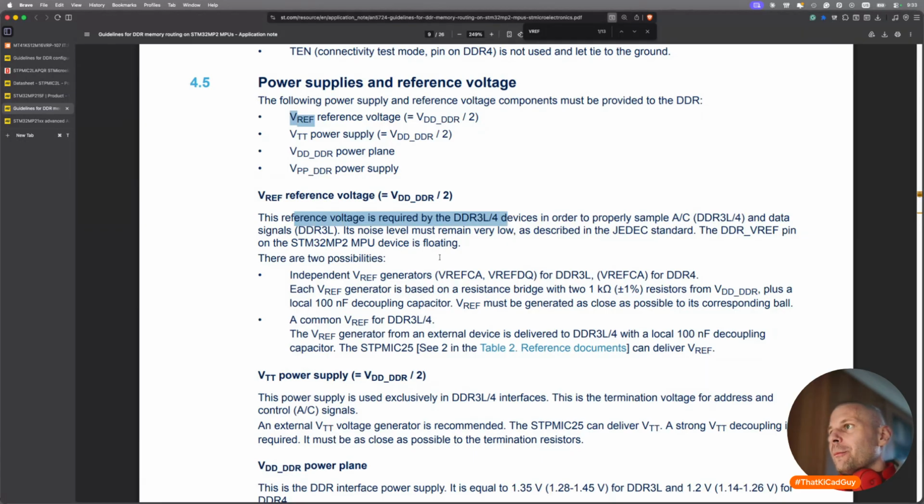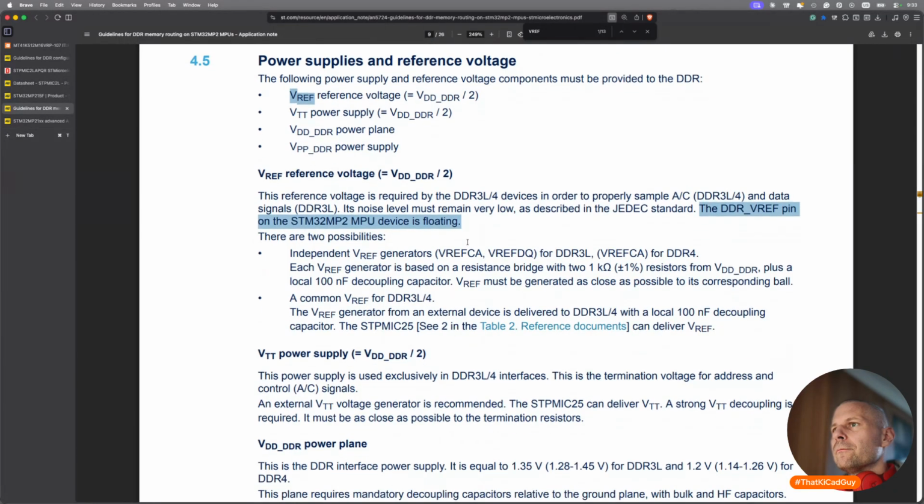That's understandable. But how to generate the VDDR_VREF? I don't understand this sentence. The DDR3 VREF pin on the STU is floating. It's floating.